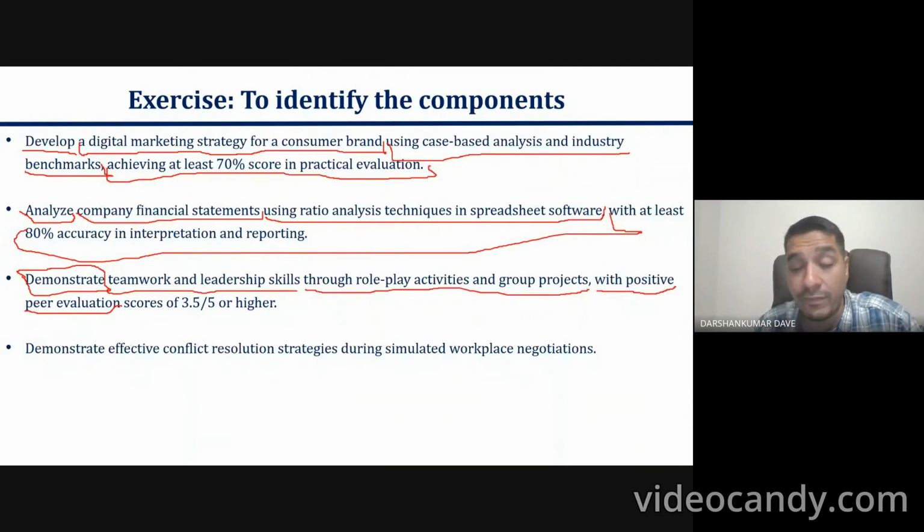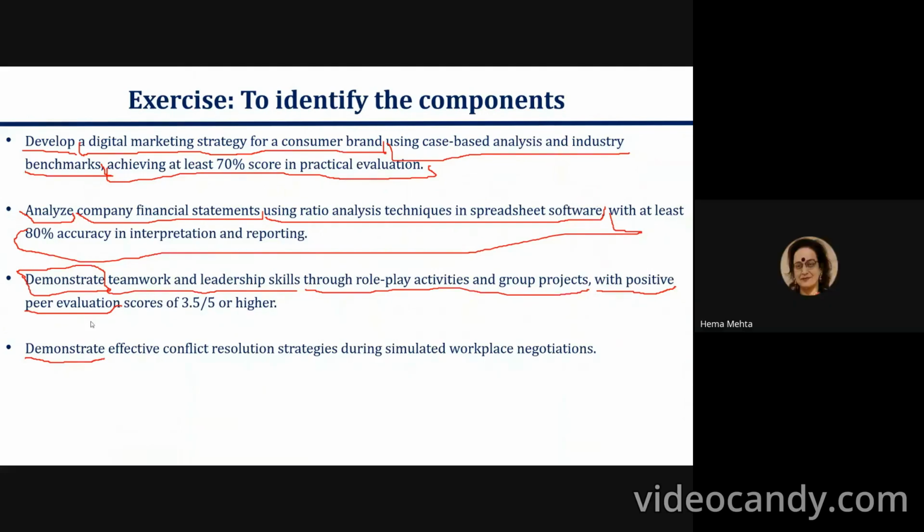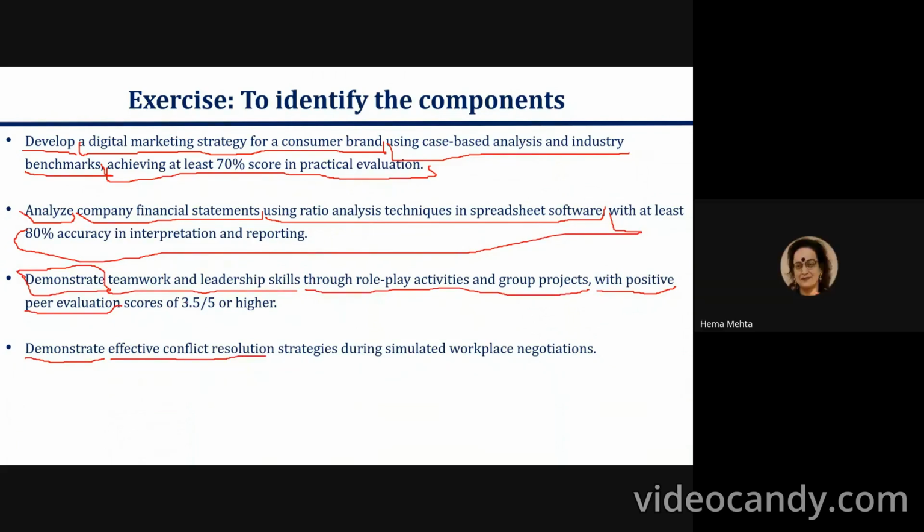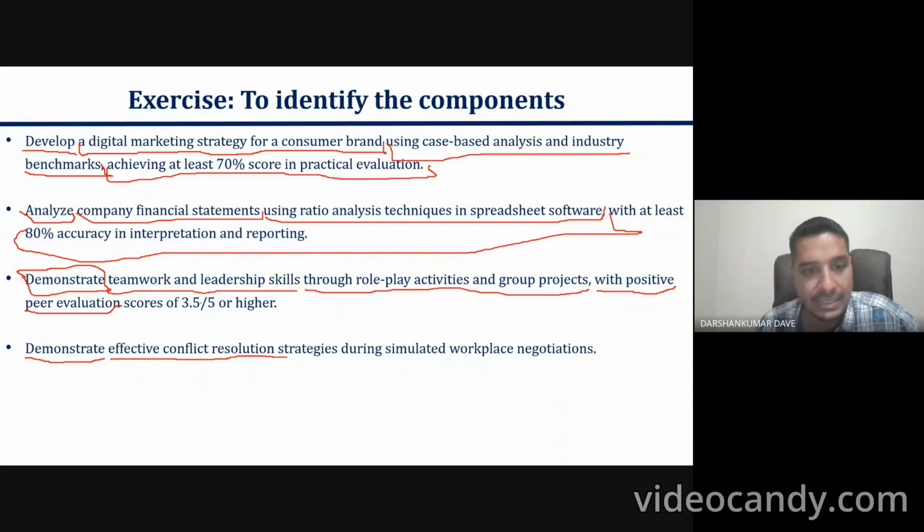Next, the last one. What are the 4 parts of this statement? Obviously, demonstrate is your verb. What about the next 3? Anyone? Effective conflict resolution strategies. Yes, Hannah ma'am. Thank you. What do you call it? It is a subject or the concept, we can say. Yes, it is subject or concept.